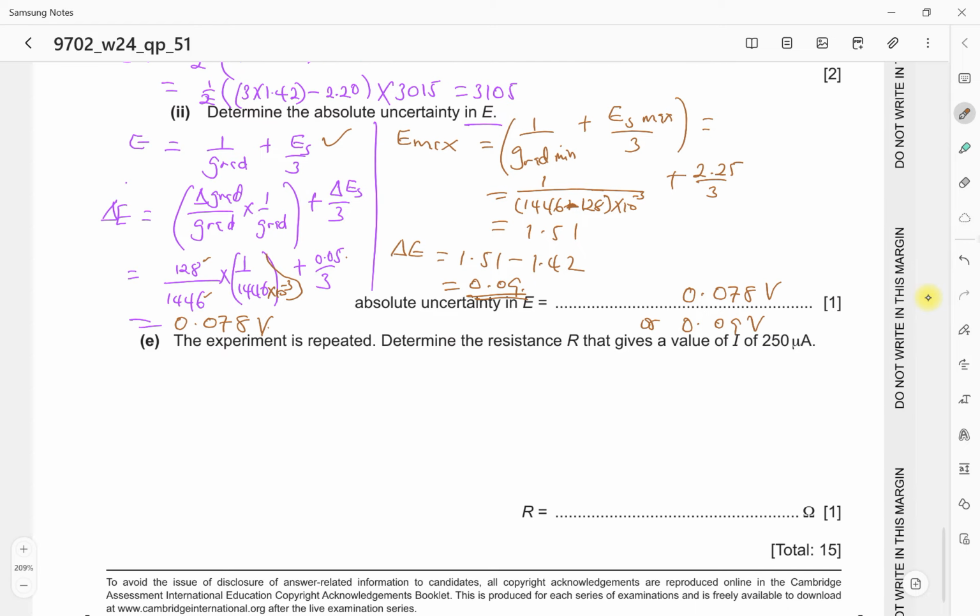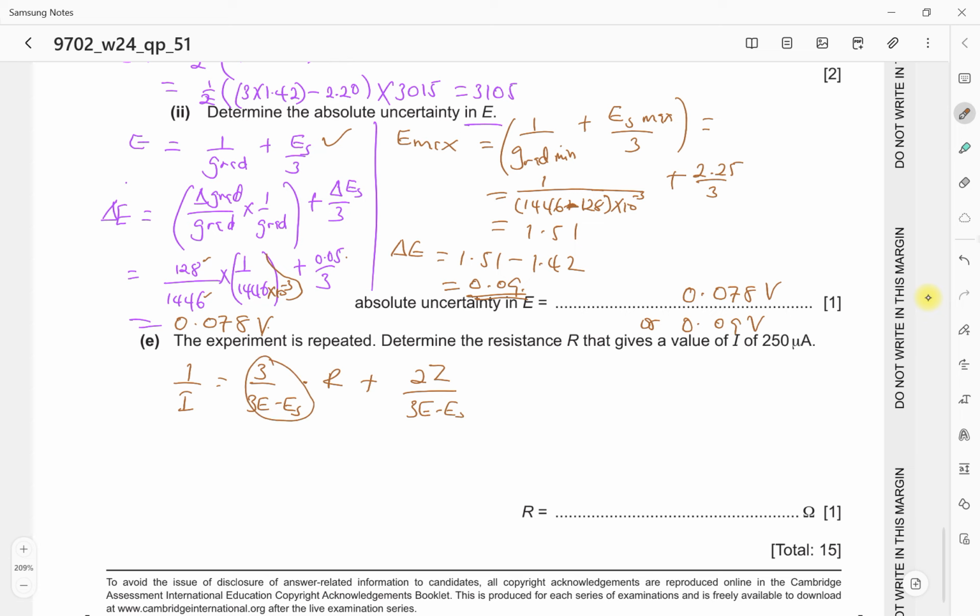The experiment is repeated. Determine the resistance R that gives a value of I of 250 microamperes. So remember that 1 over I was equal to 3 divided by 3E minus ES, times R, plus 2Z divided by 3E minus ES.